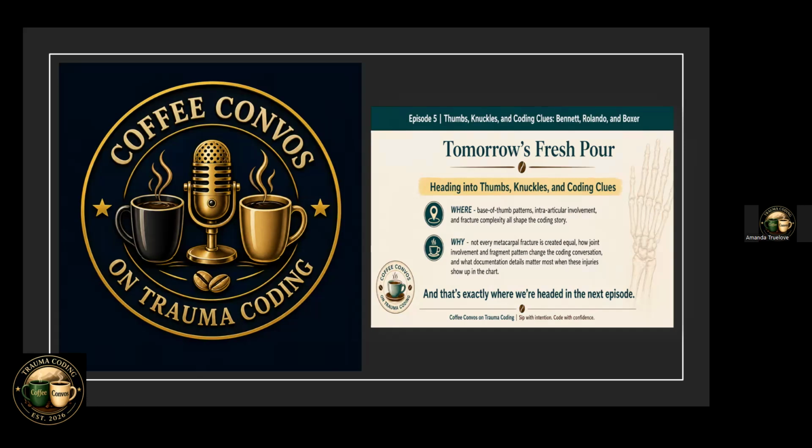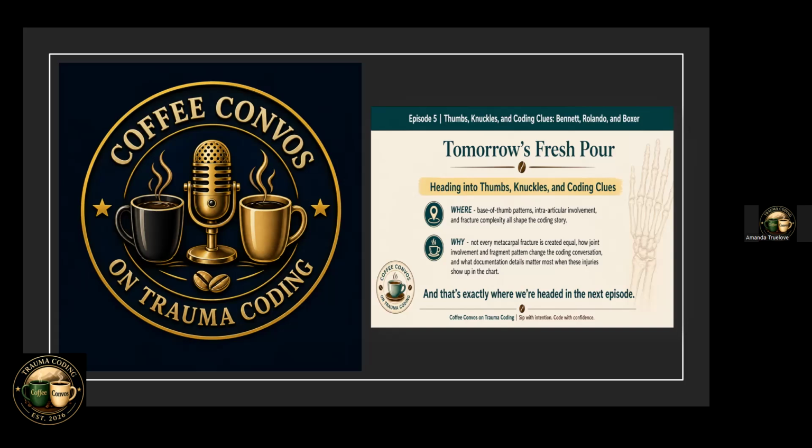Rolando taught you that fracture complexity and comminution are critical. And your boxer fracture eponym reminded you that even common metacarpal injuries still need specific anatomical details. So we needed to know if it was first or fifth. It changes it, right? And that's really the teaching point for episode 5.